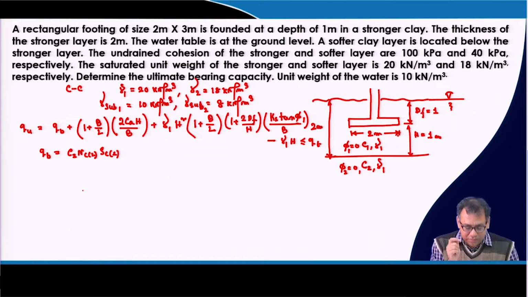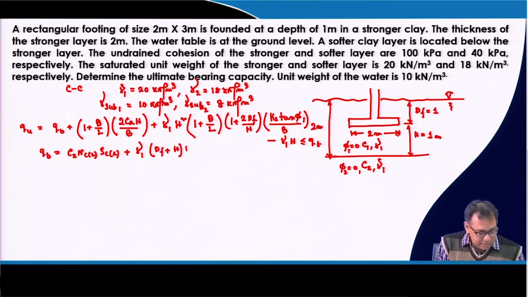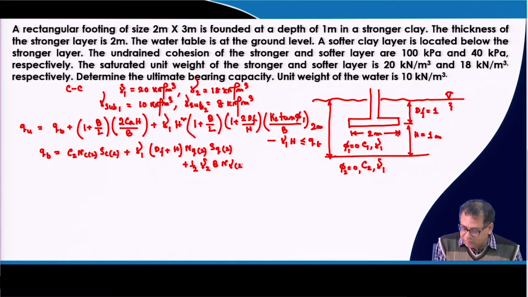It will be only c2 Nc2, then gamma1 (Df plus H) Nq2, then N gamma2, like this. But as it is a rectangular footing, you have to put these values also. This is gamma1 (Df plus H) Nq2 Sq2, plus half gamma2 B N gamma2 and S gamma2.